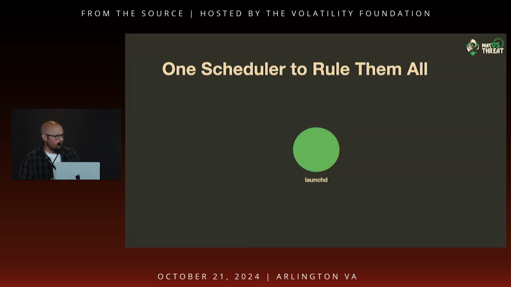If you're not so familiar with the Apple ecosystem, launchd was added in 2005. It's basically meant to be this super scheduler that could handle the booting of the operating system. It's the first process to run, process ID 1, and it goes on to bootstrap the entire rest of the operating system: services, daemons, agents.